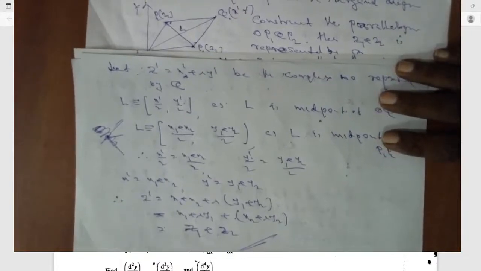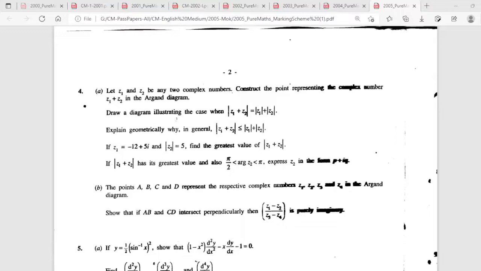Now if you come to the second part of this sum, draw a diagram illustrating the case when modulus of C1 plus C2 equals modulus C1 plus modulus C2. Now, how do you represent this case?